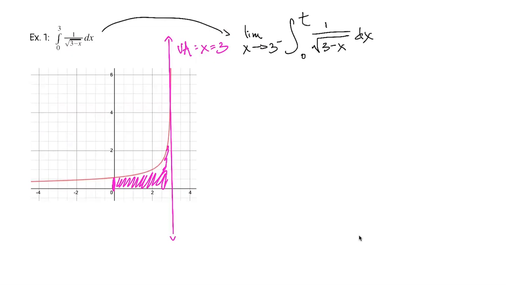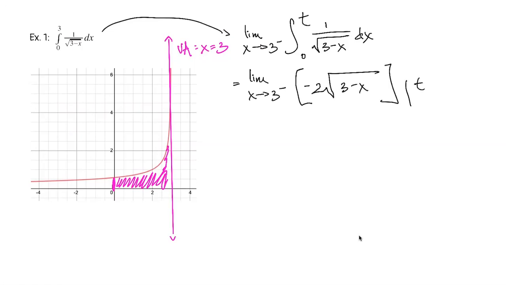Now, we just did this integral, so we know that we're going to get the limit as t approaches 3 from the left of -2 square root of 3 minus x, and I'm going to plug in t, and I'm going to plug in 0.